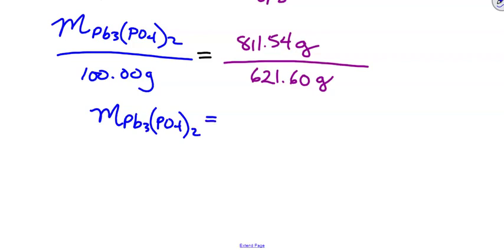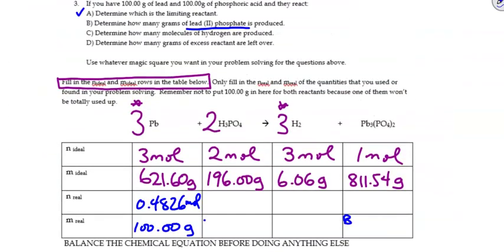Which brings us to a mass of 130.56. Again, round off to 2 decimal places for all your masses, because we can base that on our triple beam balance in the class.